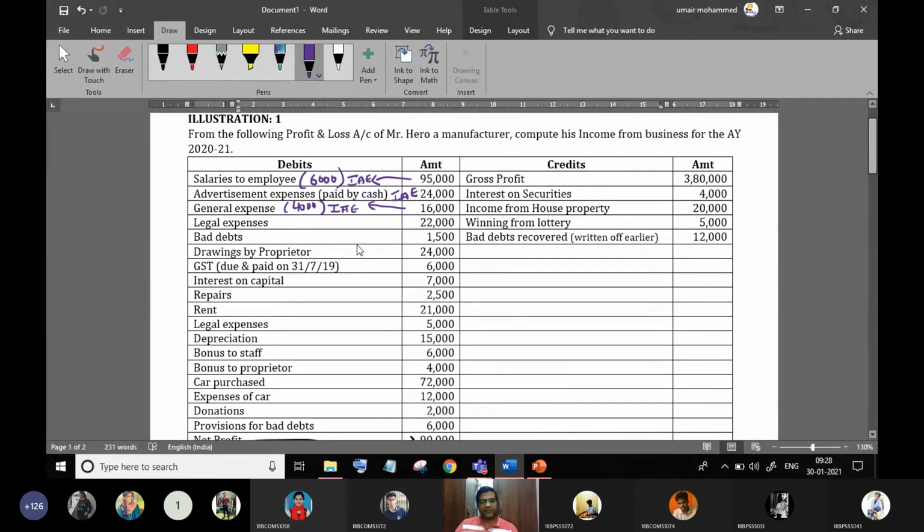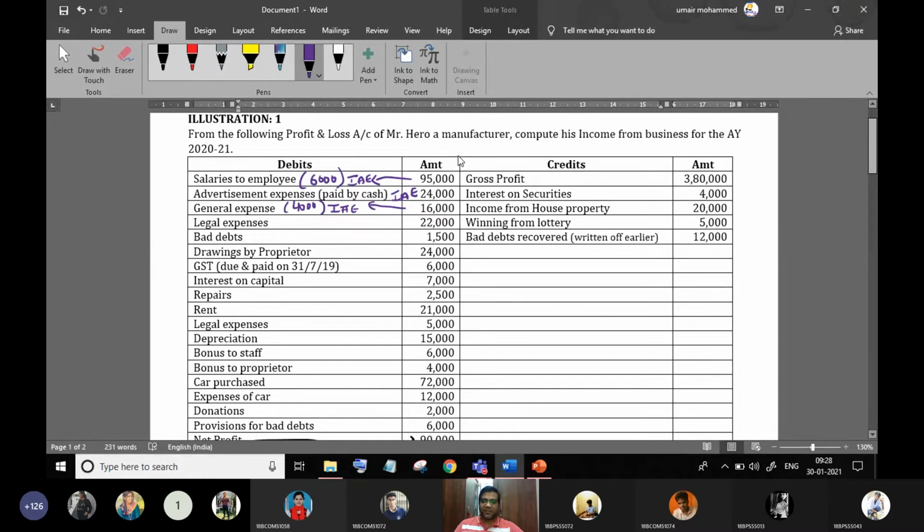Legal expense, 22,000. Now, what are legal expenses? Basically, a business has to have a lawyer, an advocate, to take advice on certain legal matters. Sometimes to draft a contract, to draft an agreement, to enter into a sale deed with a supplier, right?